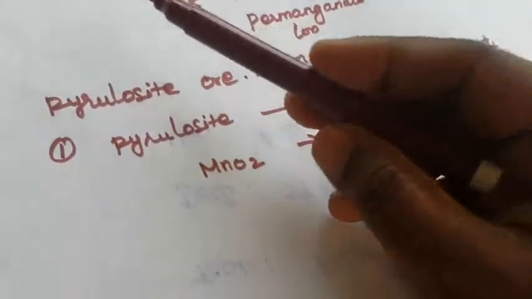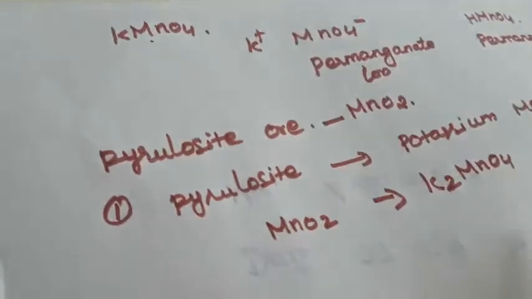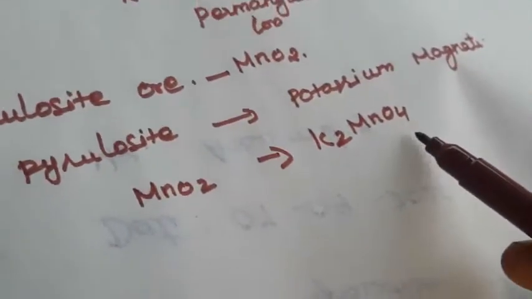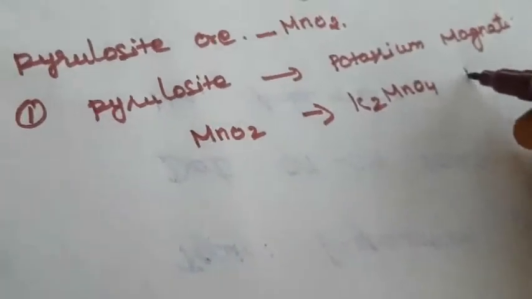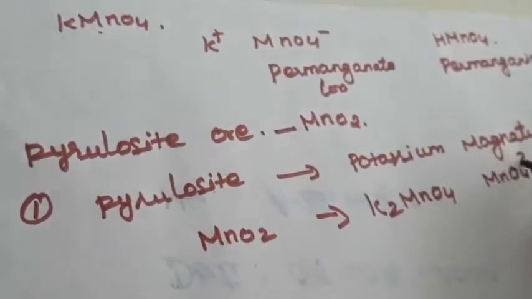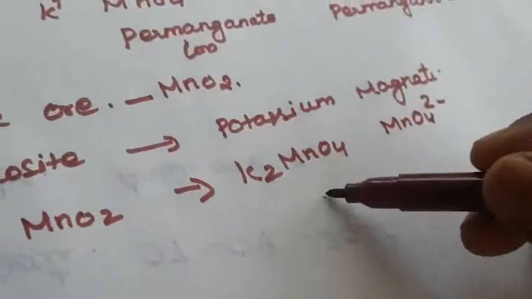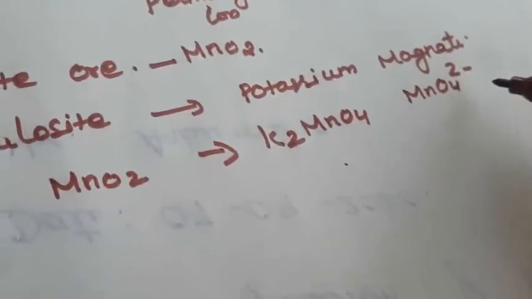This is different from potassium permanganate, KMnO4. Potassium manganate K2MnO4 can be written as MnO4 2 minus, according to the number of cations.